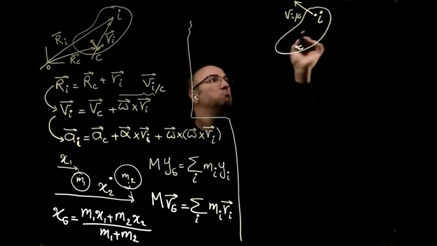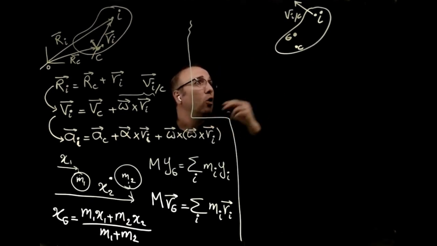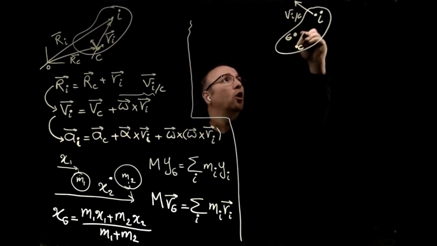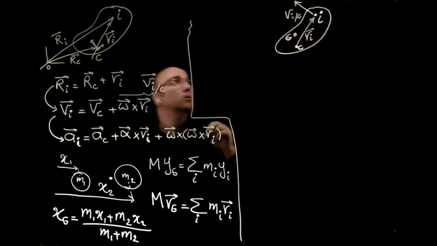So now, let's say that G is also here. The center of mass is somewhere here. So I would write Ri, right?